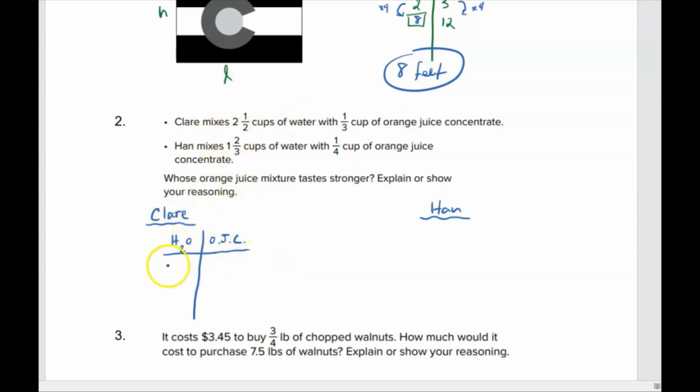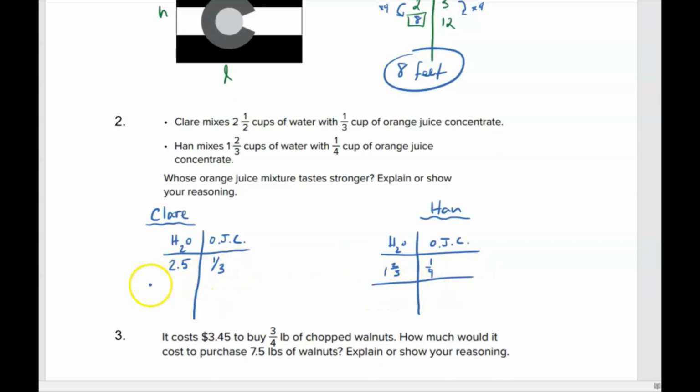And I know that ratio is 2.5 cups water, so I'm just going to put it in decimal form, 2.5. The orange juice concentrate is a 1/3. And over here for Han, I'm going to do something similar. I'm going to compare my water with my orange juice concentrate, and that ratio is 1 2/3 to 1/4.